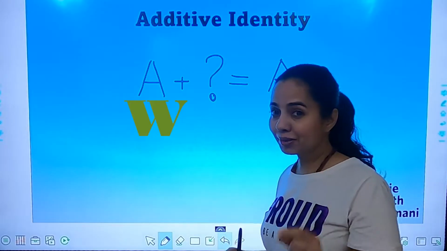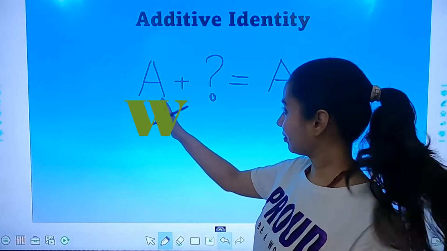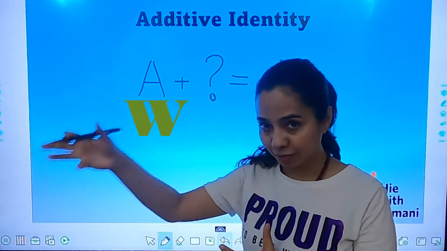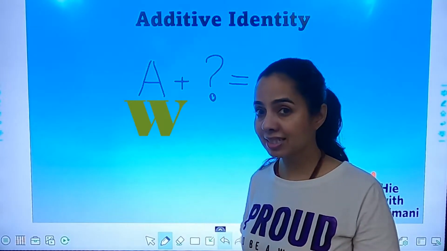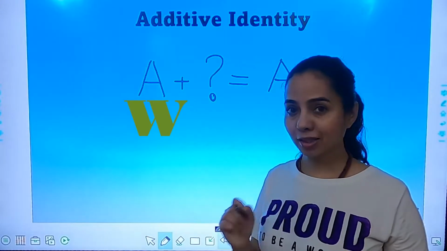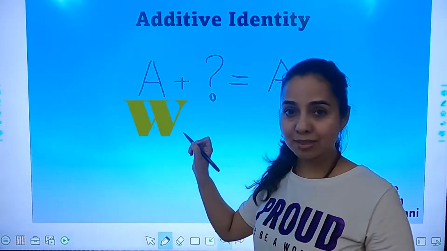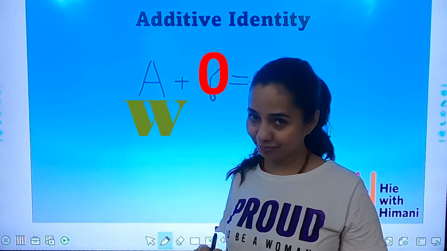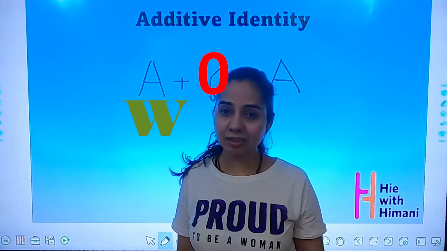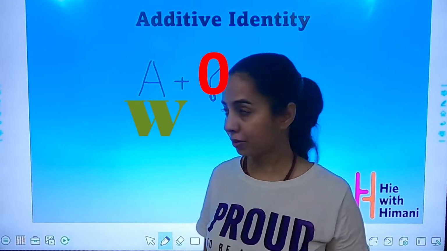So, I'm sure you can guess which number can come here? The number which when added to another number, the value of the number doesn't change. Yes, I am sure you must have got it right, this number is nothing else but 0. 0 added to any number will not make the value of the number changed, right?